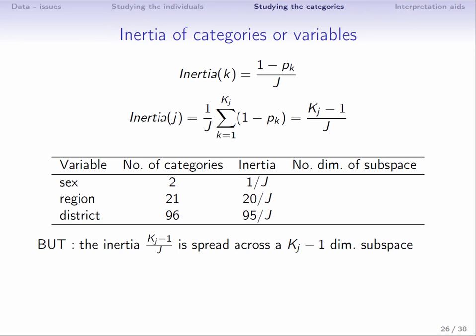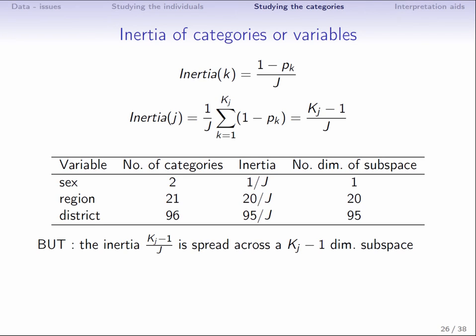Indeed, a variable j with K_j categories corresponds to K_j indicator functions in the complete disjunctive table and therefore corresponds to a subspace with K_j minus 1 dimensions. The minus 1 comes from the fact that all of these K_j indicator functions are linked because their sum is 1.